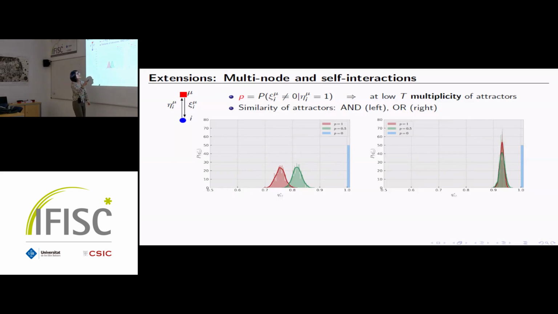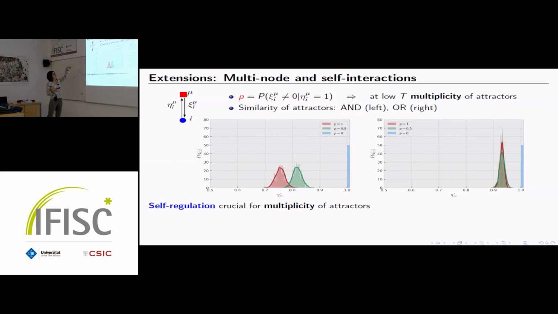Upon increasing P, this symmetry parameter, the different runs converge to different attractors, and quite interestingly, they have a typical similarity between them, which is basically the mode of this distribution. An interesting aspect is that this similarity seems to be lower for the AND logic than for the OR logic. So basically, here are two take-home messages.